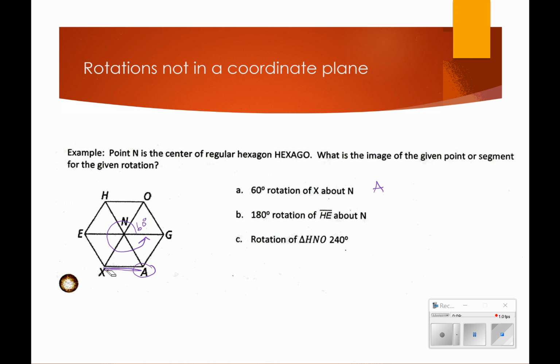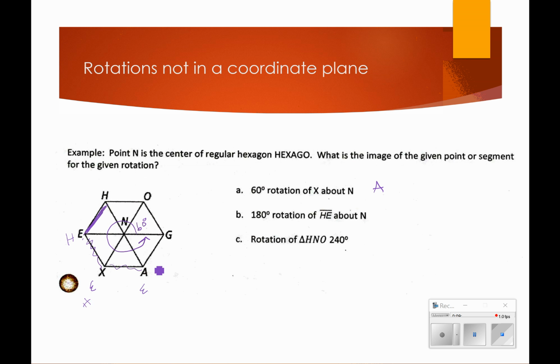Okay. If I want to do 180 degrees rotation around HE, I'm going to kind of take one turn from here. H would go where E is. That makes it easier. E would go where X is. Okay. If I go another 60 degrees, that would be 120. So again, H would go there. E would go here.